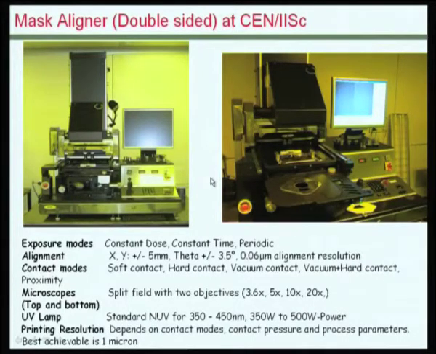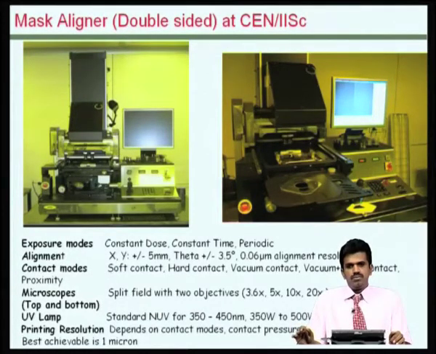In microsystems, you may want to process some part of the device on, let us say, the top surface of the wafer and some part on the bottom surface. So, an alignment between the top surface and the bottom surface is also important, and that can be done using what is called a double sided aligner.